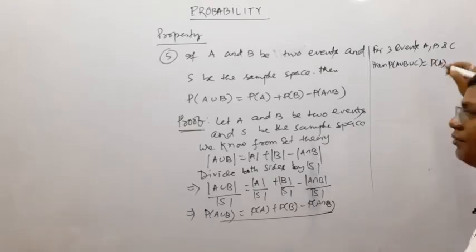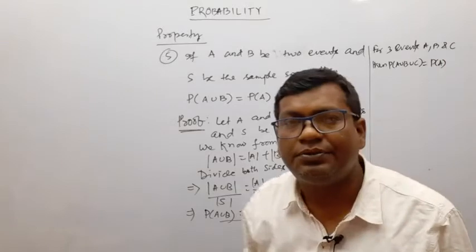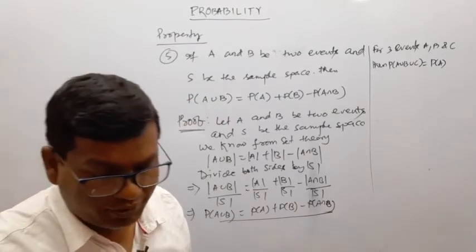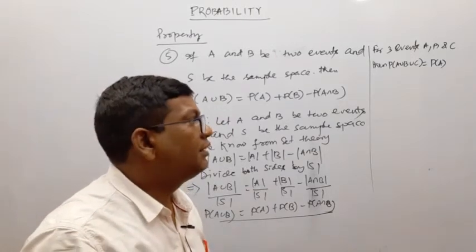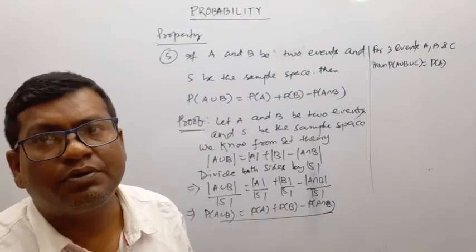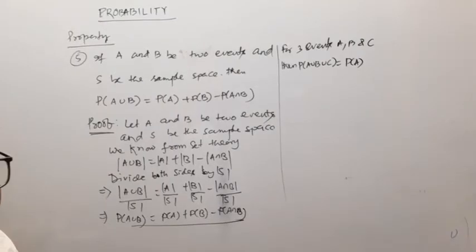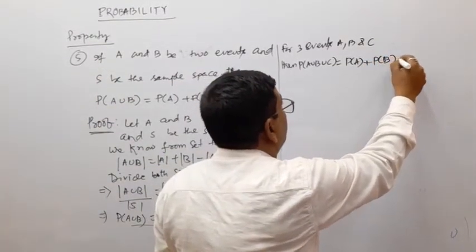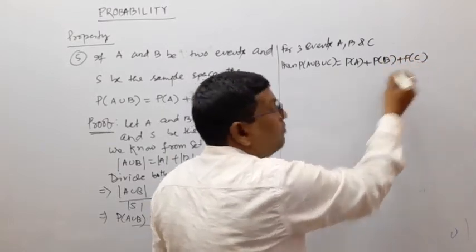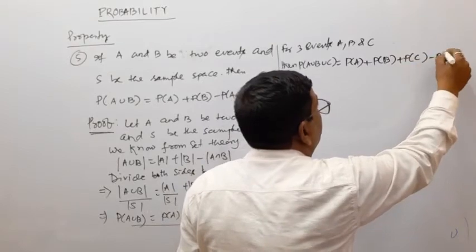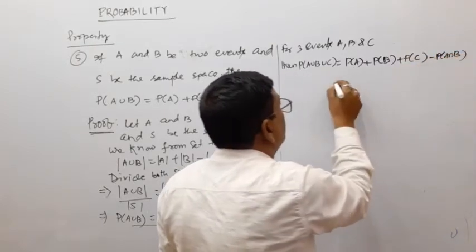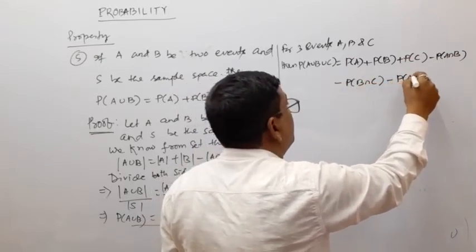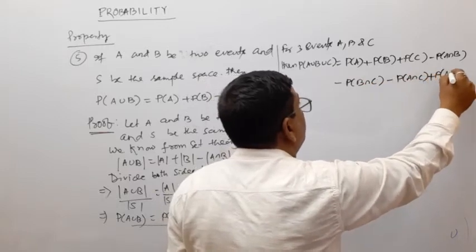Probability of A plus probability of B plus probability of C minus probability of A intersection B minus probability of B intersection C minus probability of A intersection C plus probability of A intersection B intersection C.